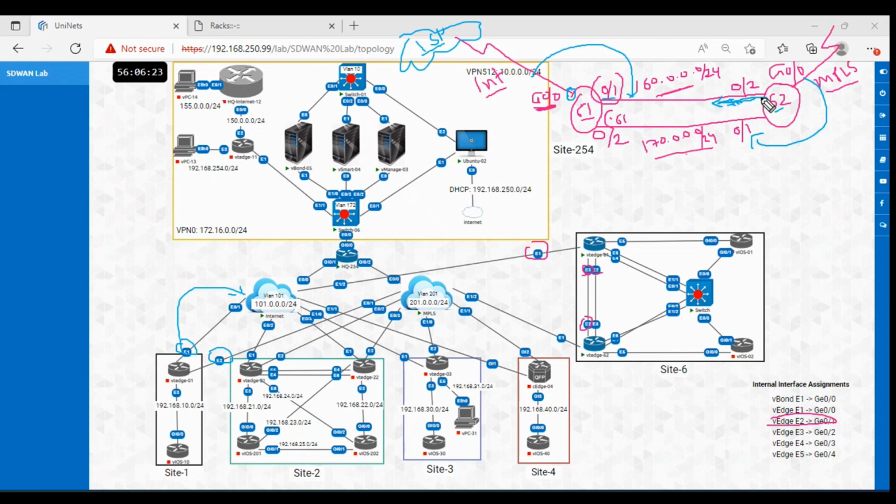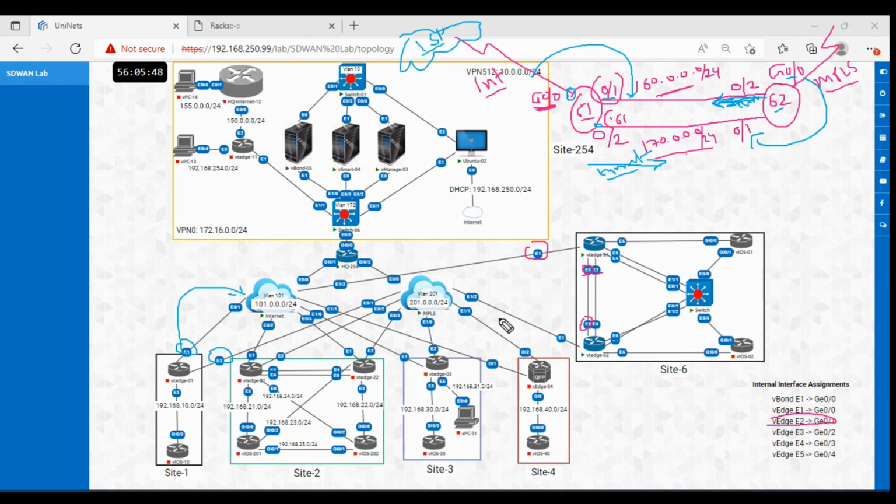So this interface will be our tunnel interface now. Similarly, we have extended our MPLS 0 by 0 link to 0 by 1 on 62. So that means this interface towards 62 should be our tunnel interface.